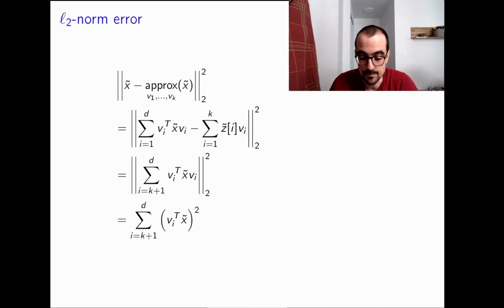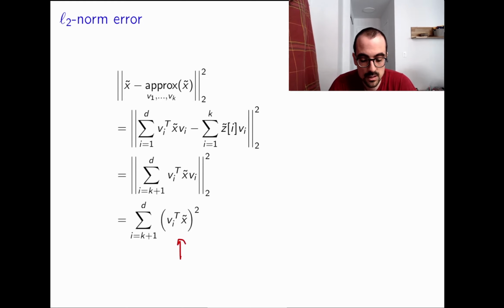Well, if you look at the squared L2 norm of a vector expressed in a certain orthonormal basis, that is going to be equal to the sum of the squared coefficients. This is true for any orthonormal basis. You can check that easily.